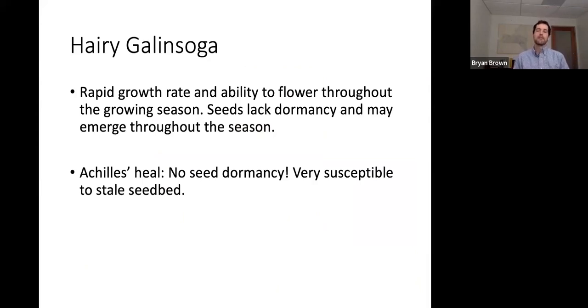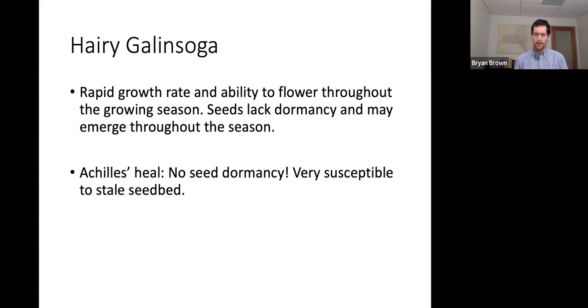It has a really rapid growth rate, and from emerging to flowering is very quick. I think it's just a matter of a few weeks that it can pop out of the ground and immediately start flowering and setting seed, and it can produce seeds throughout the season. And the other thing is that there's no dormancy in the seeds.